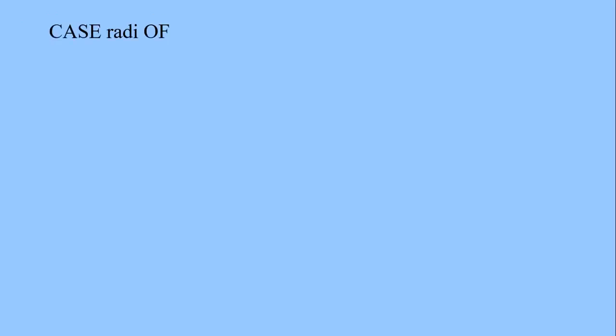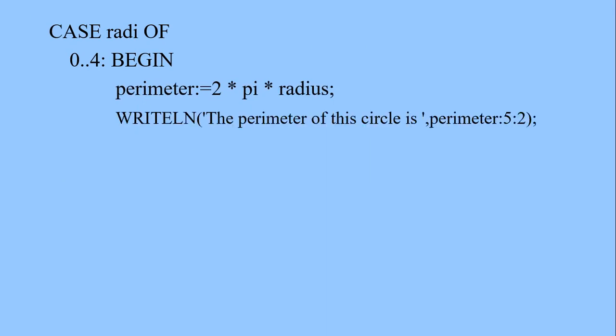So case, the value of the content in the memory location called radii. If the value in radii is ranging between 0 to 4, for example, if it evaluates to 1, then execute the first case: compute the perimeter and display the perimeter as follows, and then you terminate the execution of either the perimeter or the area.